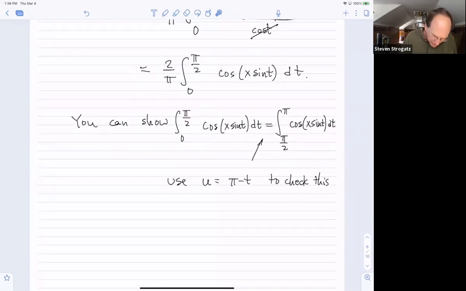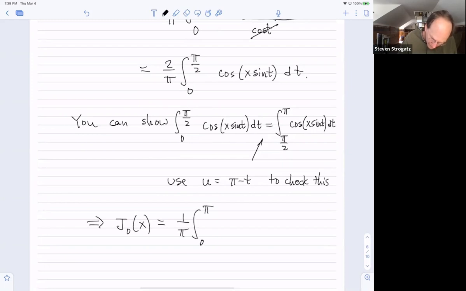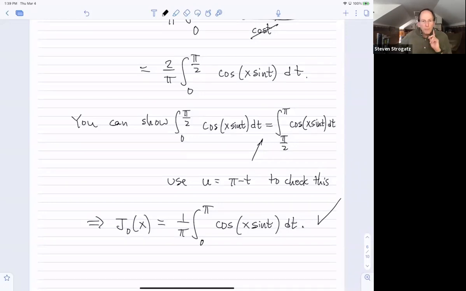And so the whole thing comes down to J0 of x is what we said from the beginning, 1 over pi, integral 0 to pi, cosine x sine t dt. That's what we wanted to prove.